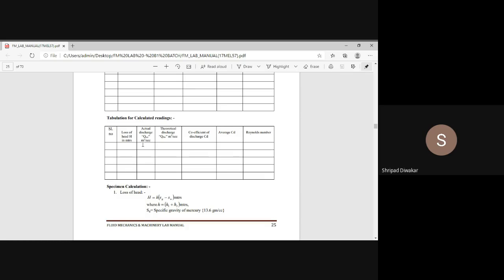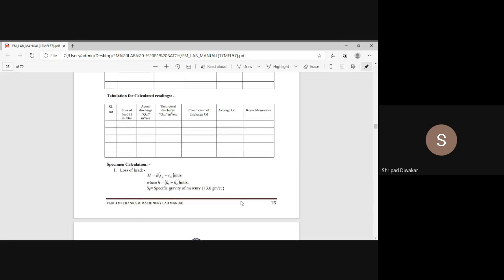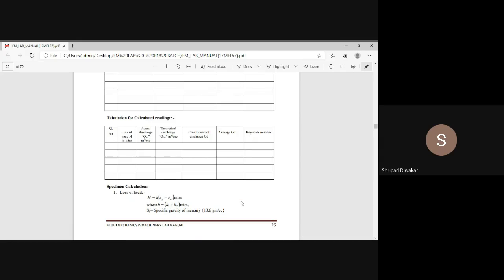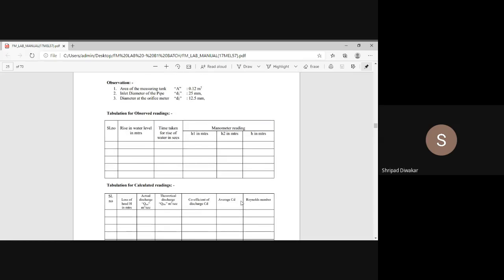You calculate the loss of head, actual discharge, theoretical discharge, and coefficient of discharge. Then you take the experiment for 2 to 3 readings and find the average CD. We are taking only one reading, just to put that value, and the Reynolds number. So this is the procedure and calculation for the determination of the coefficient of discharge through the orifice meter.